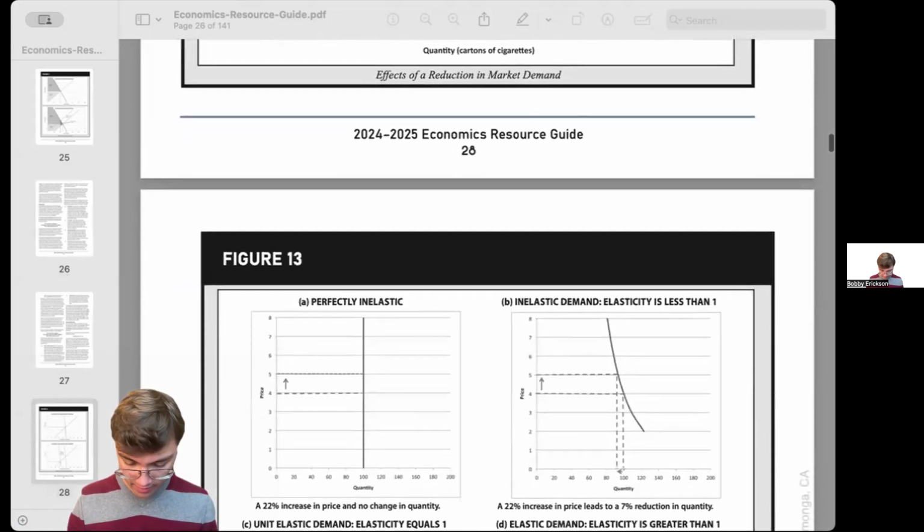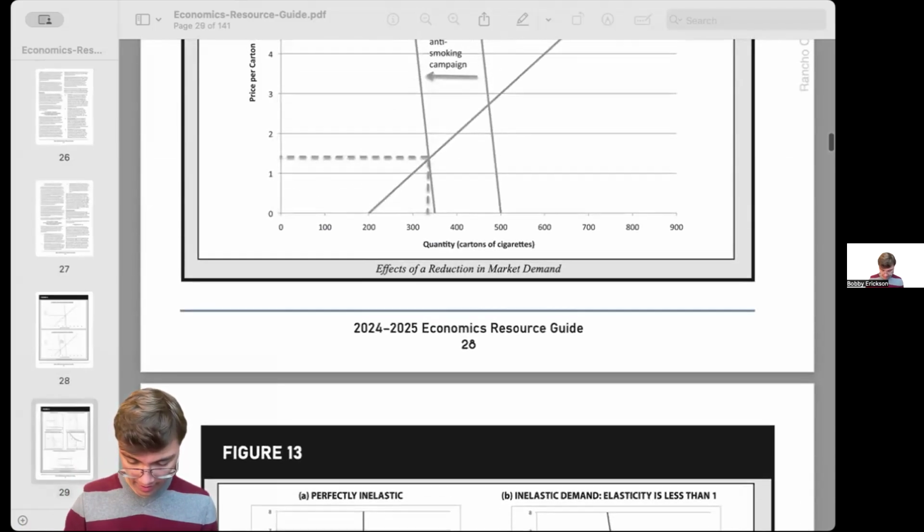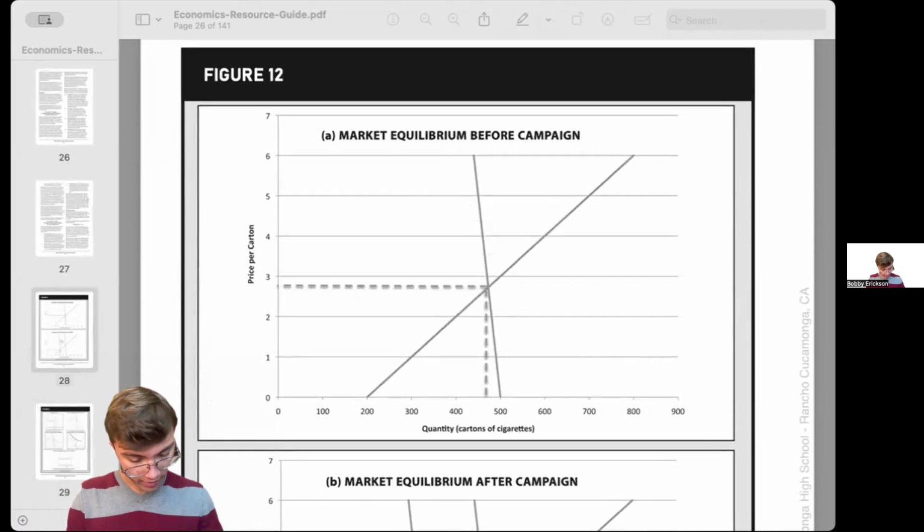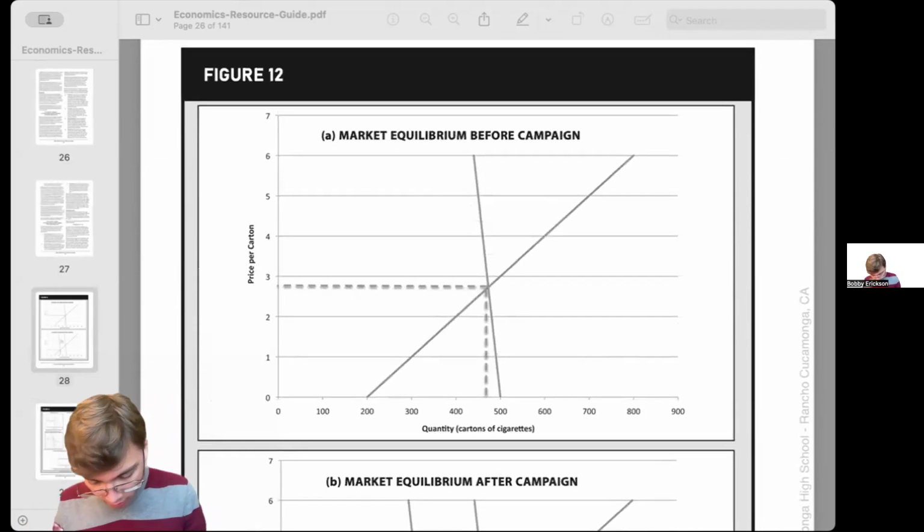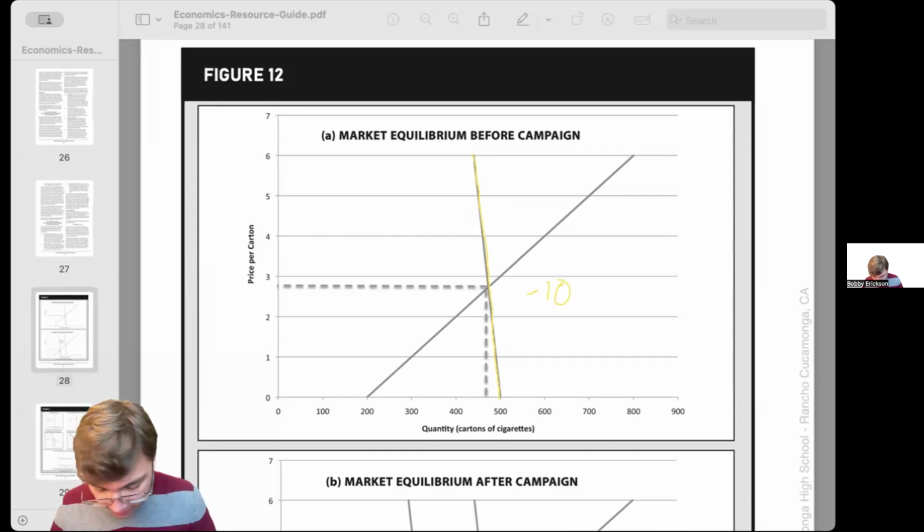Let's say we look at this right here, this equilibrium. We have this line right here. So we know the slope here is very negative. We could say this is like negative, I'm going to make up numbers, -10.